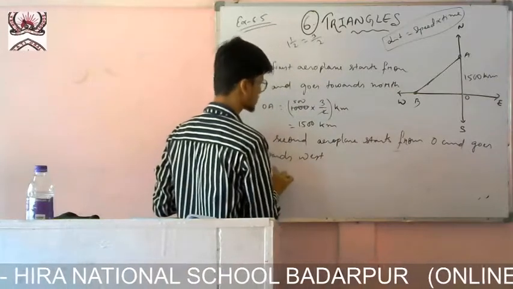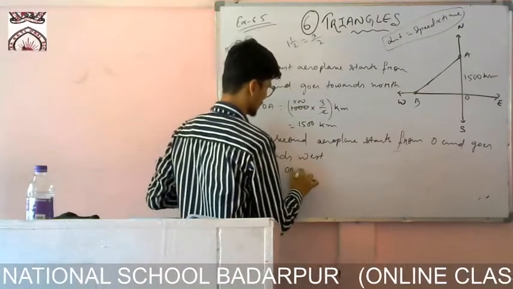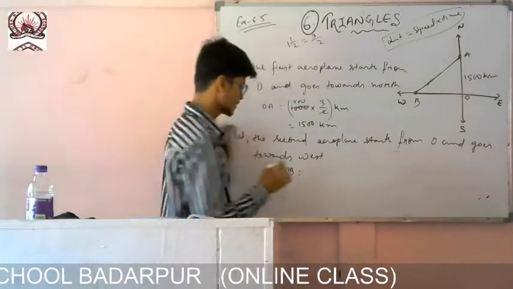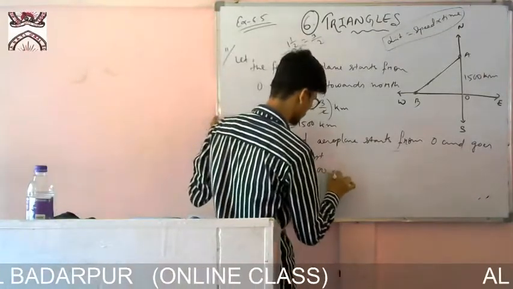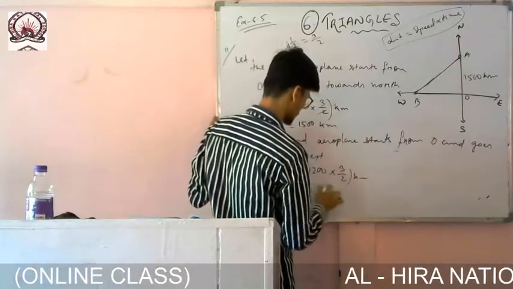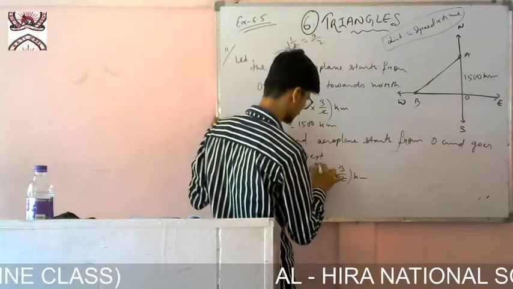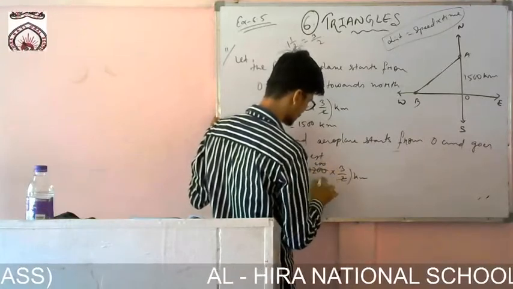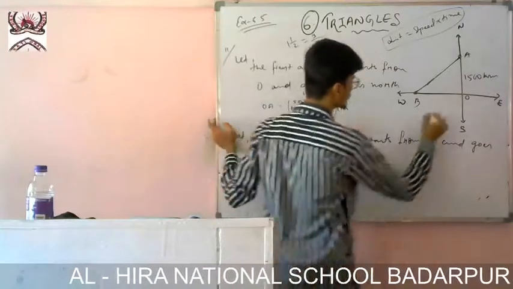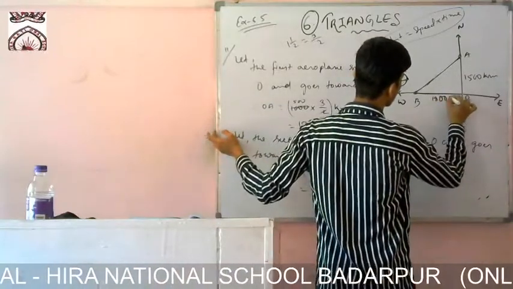So what will be the distance for this one? OB. Again it will be speed into time. What is the speed? It is 1200 kilometer per hour, into time 3 by 2, and it is distance, so it will be kilometer. So 2 6s are 12, 3 6s are 18. So 1800 kilometers. So this distance I have got is 1800 kilometer.